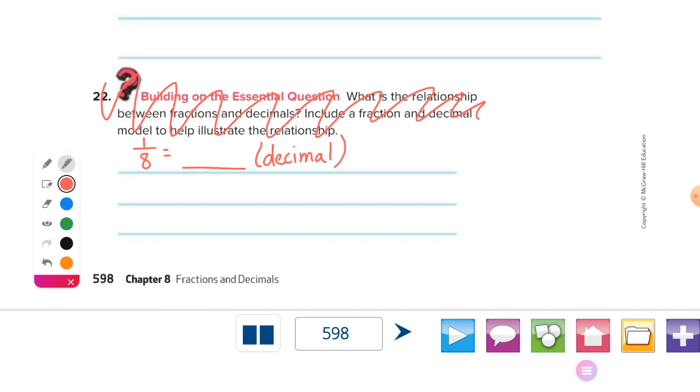Any one. Anybody think they know how? We've done it. When we do PBIS points, we do it. Kinley? Make it 10/80th still doesn't help us because I need the denominator to be a 10, a 100, or 1,000 if I want to do it the easy way. Fisher?